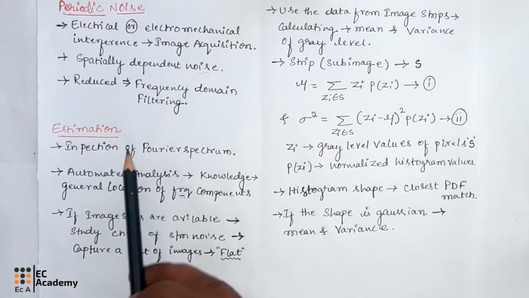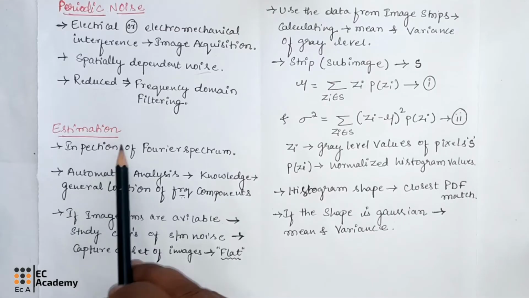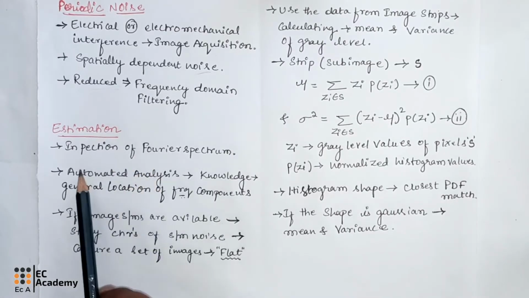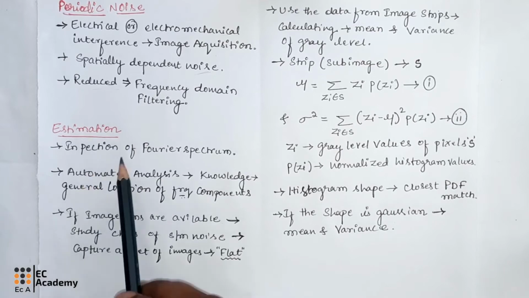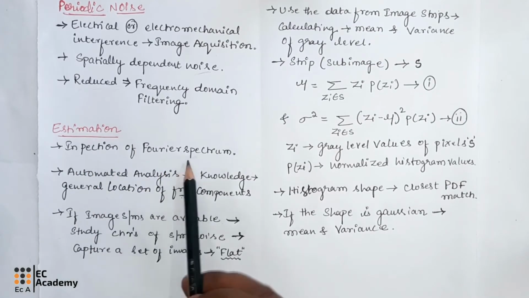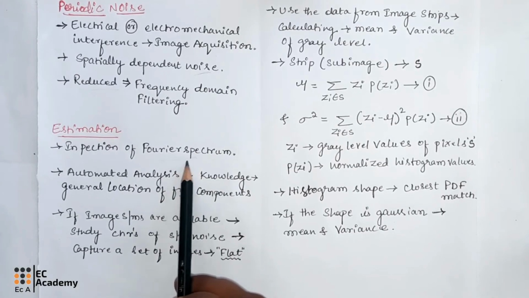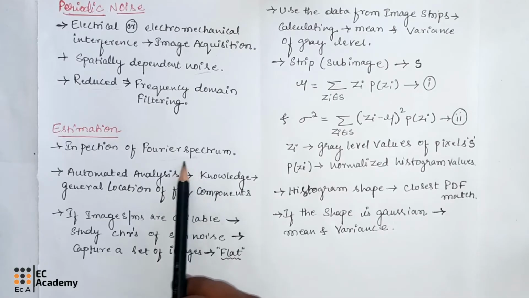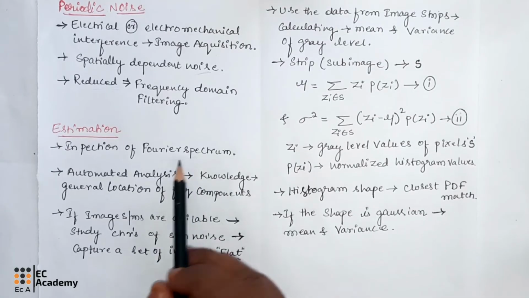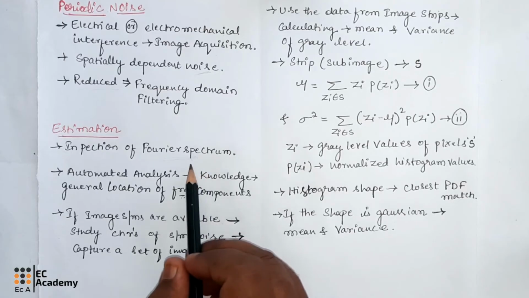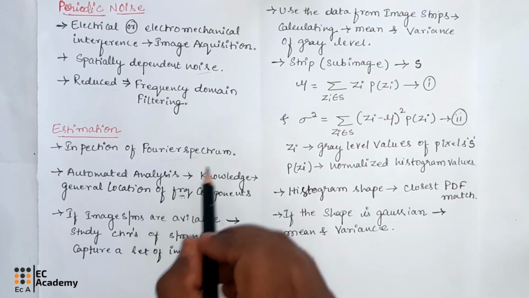Now, let us understand the estimation of noise parameters. The parameters of periodic noise are estimated by inspecting the Fourier spectrum of an image. If we consider the Fourier spectrum, the periodic noise image will produce frequency spikes.